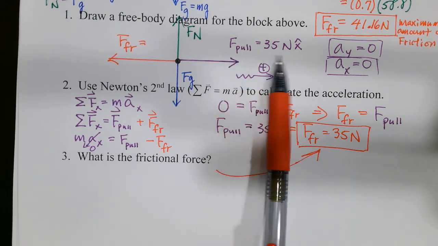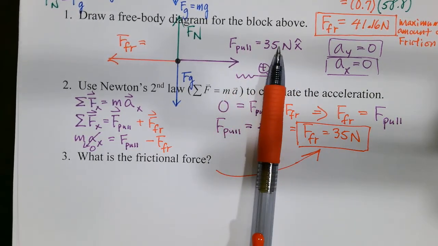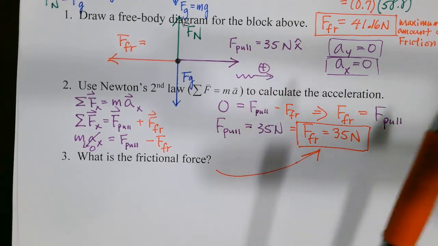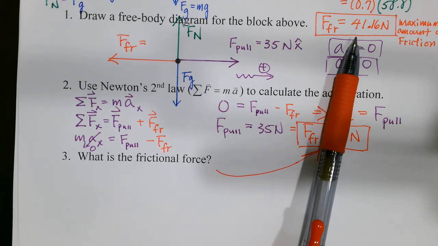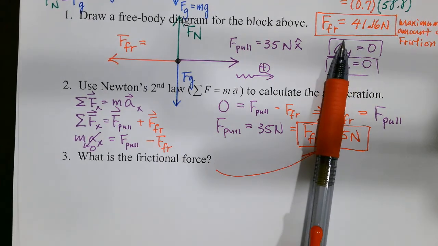Now, if I were to pull this thing with 50 newtons of force, then my frictional value will be just 41.16 newtons because that's the maximum value this friction can possess. All right?